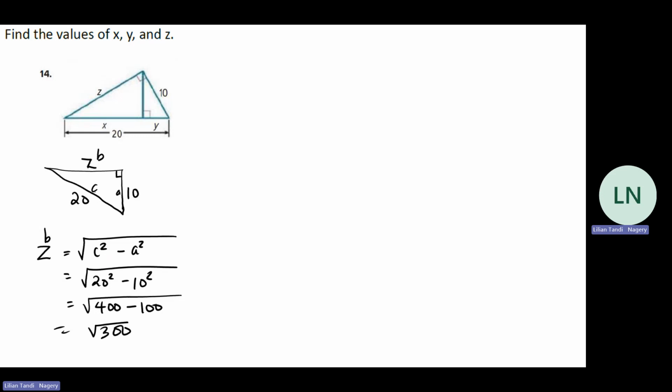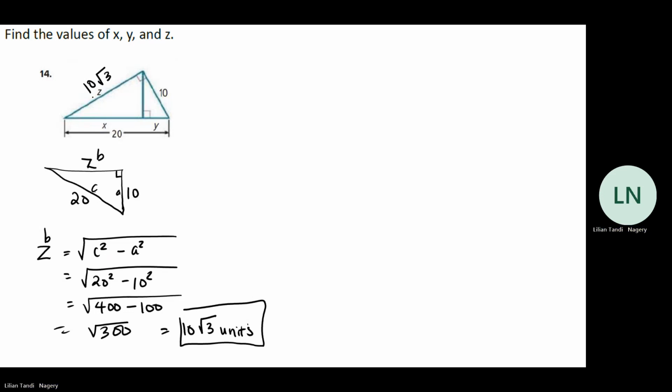The square root of 300 is 10 square root 3, and you put here units. So I'll put here 10 square root 3.